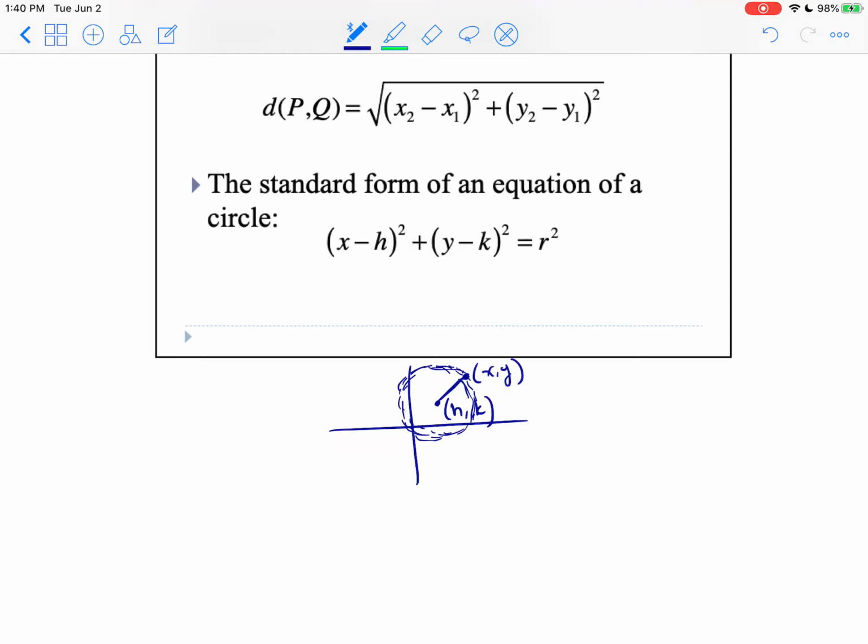This distance right here would be x minus h, squared, because it's the difference in the x coordinates, plus the difference in the y coordinates, squared, equals the hypotenuse squared. But that distance in a circle is not called d, it's called the radius. And so there's your formula.